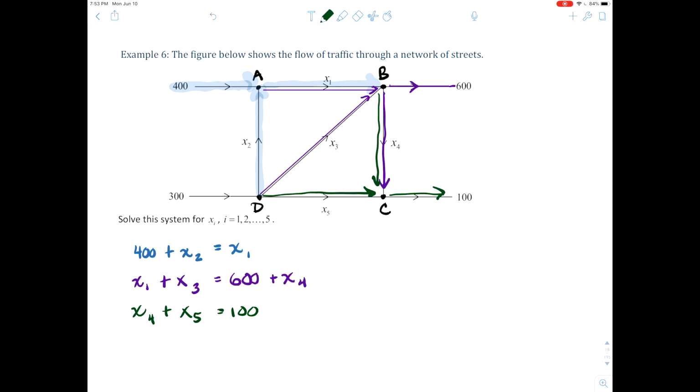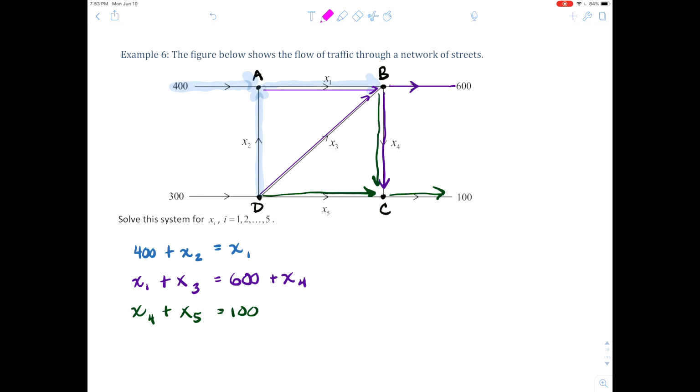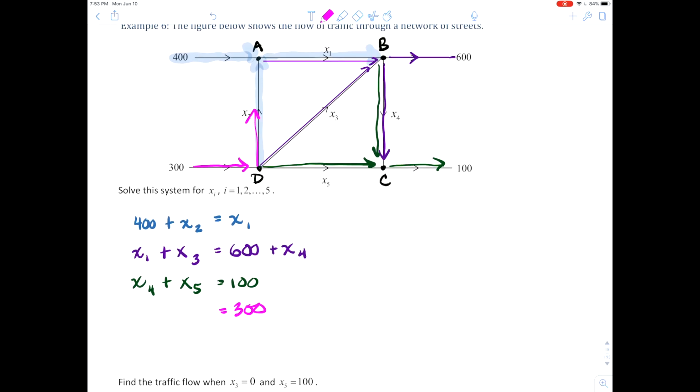And then now let's look at junction D. So junction D, 300's flowing in, right? But everything else is flowing out. So we'd have, I'll just say equals 300. And then flowing out is X2, X3, and X5. So X2 plus X3 plus X5 is flowing out of there.